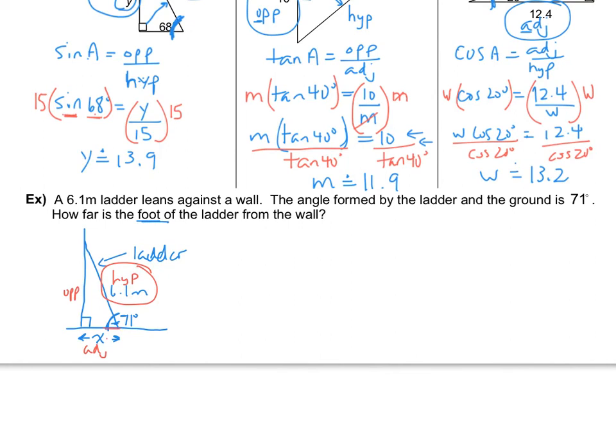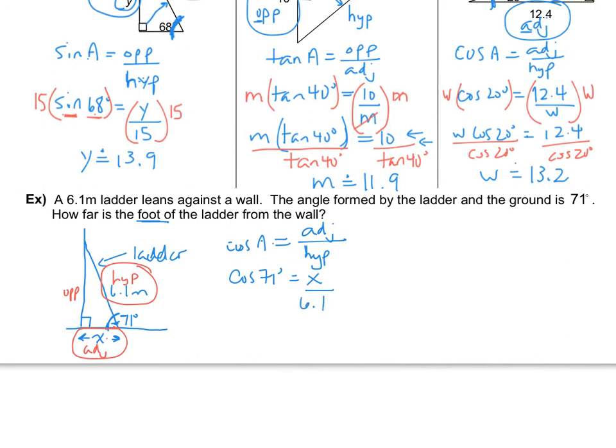So adjacent and hypotenuse uses cos. So the cosine of my angle is adjacent over hypotenuse. So the cosine of 71 degrees is x over 6.1. Oh, this one's a little nicer.